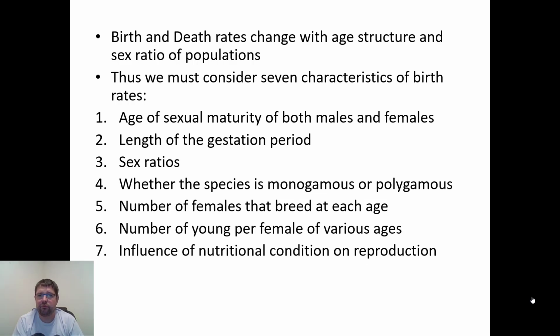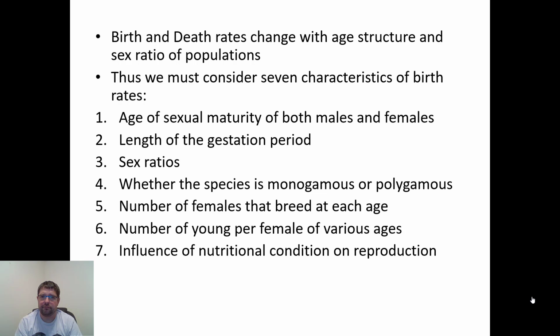And the last one, which plays a vital role and has become even more important with our recent discoveries of what happens to organisms when habitats are changed, or when the ecology of a given region has been altered, is the influence that nutrition plays on reproduction.